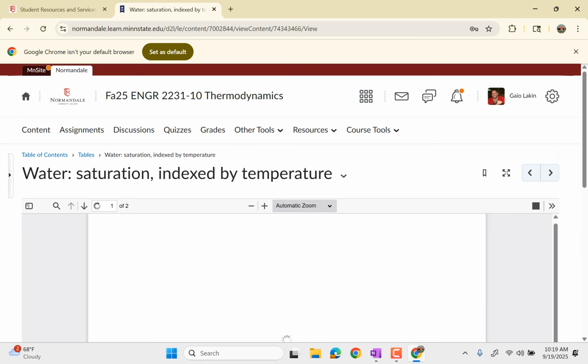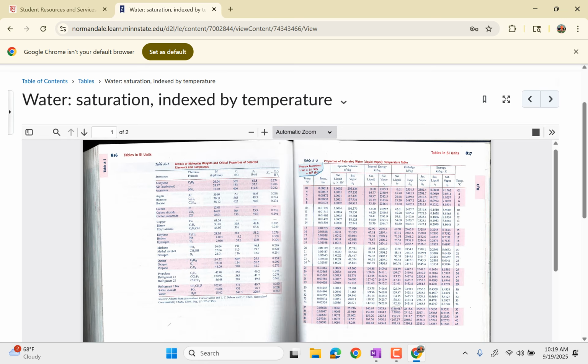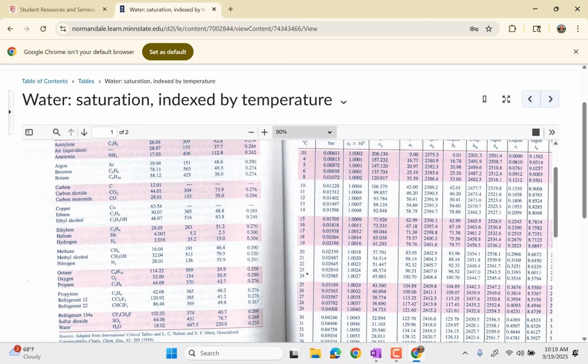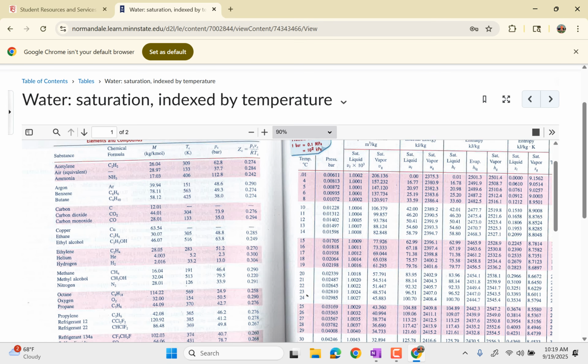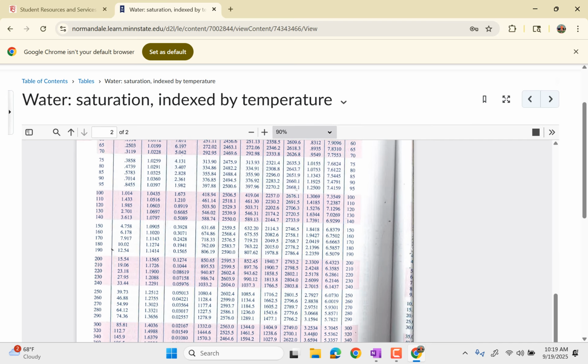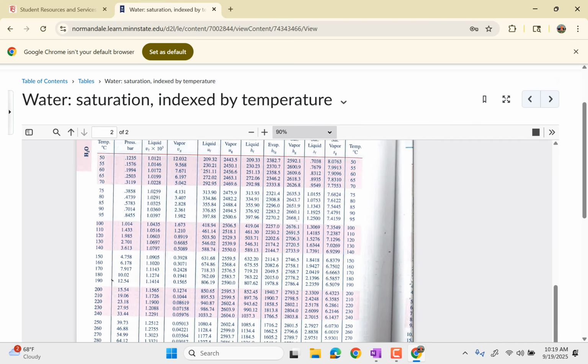So saturated water indexed by temperature. This is Celsius. Let's go to 100. And as you know, water boils at 100 degrees Celsius in standard atmospheric pressure.